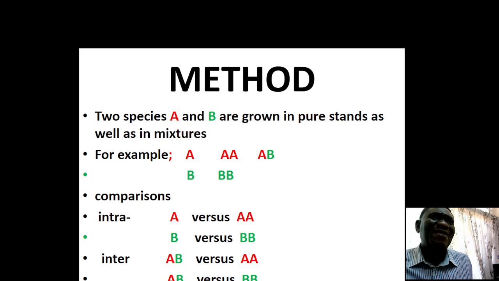such kind of treatments where you have two species A and B, which are grown in pure stands, as well as mixtures. For example, we can have A, then AA, and AB. You also have B, then BB as treatments.